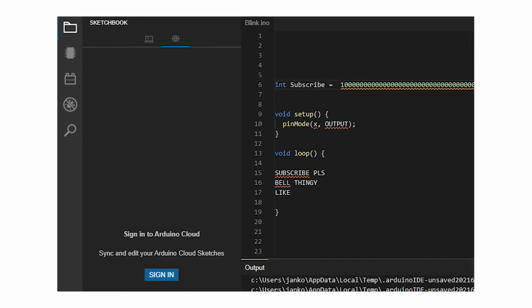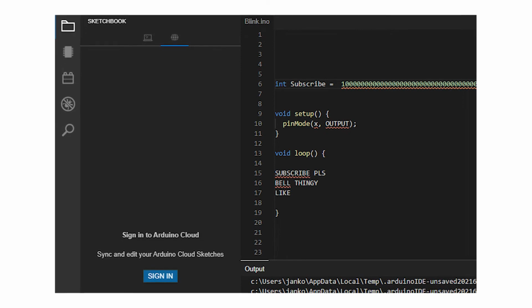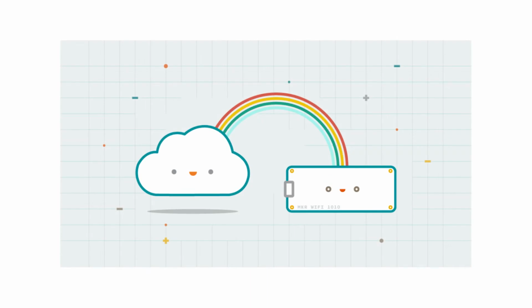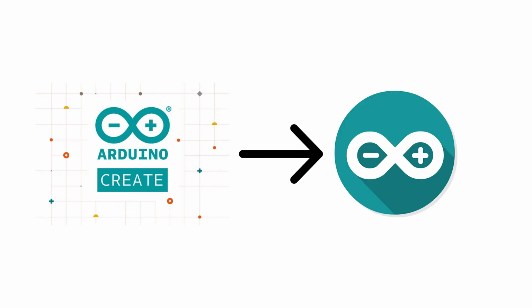Next update is this sketchbook thing. If you used Arduino Create as your main software, you saved all your files in this thing called Arduino Cloud. And if you wanted to make a transition from Arduino Create to Arduino IDE, there was absolutely no way you could do this other than downloading the files one by one, which is obviously a horrible idea.